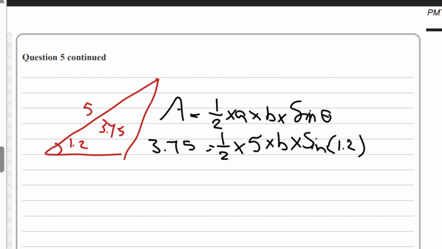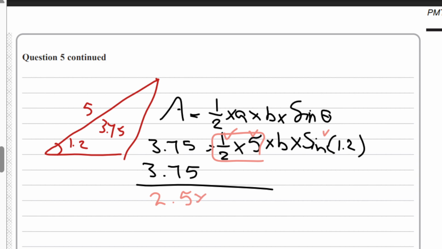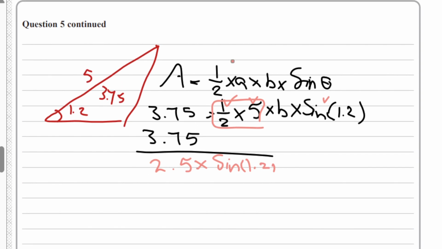Now to find B, we just divide 3.75 by all these. A half times 5 is 2.5. So let's divide by 2.5 times sine 1.2. That should give us the value of this line here.